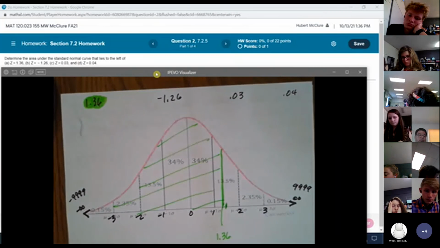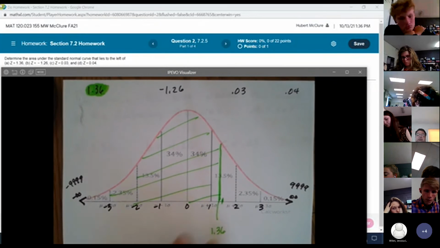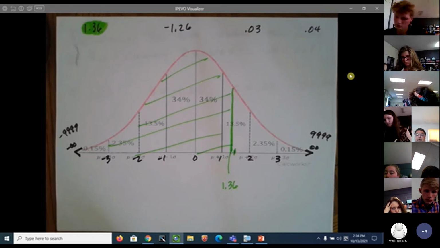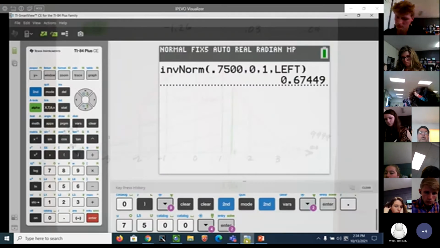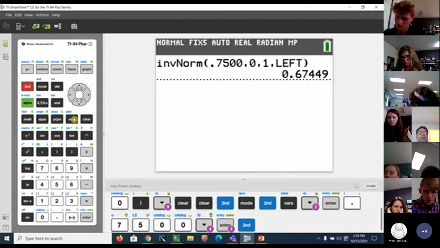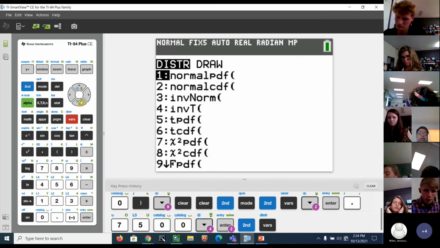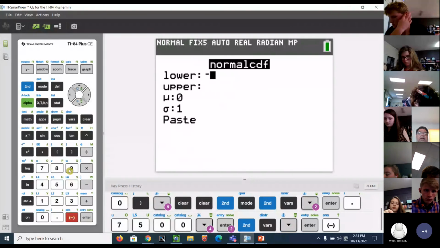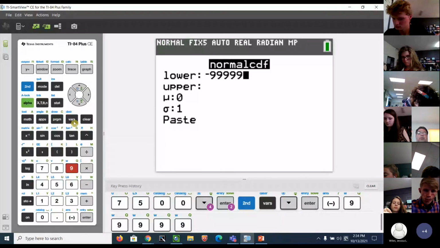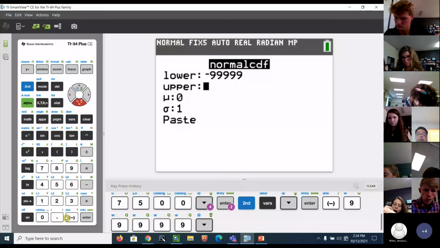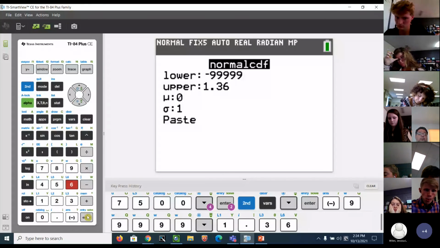That's what they usually want. So I'm going to type in second bars. Let me get my calculator. Second bars, normal CDF, negative 9999 to 1.36. And calculate.